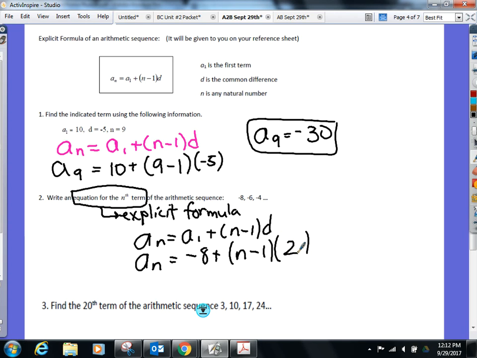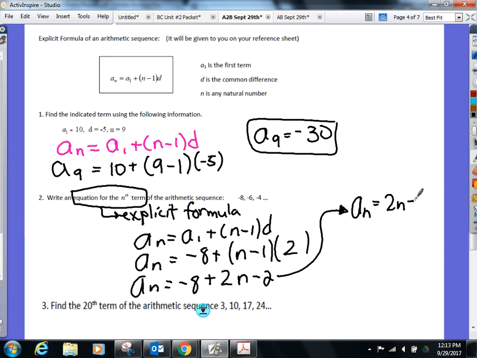I'm adding 2. So multiply by 2. Clean it up now. Distribute, combine. What do we got? 2n minus 10. So there's the formula for that sequence.